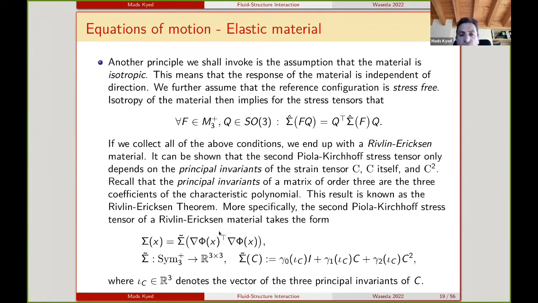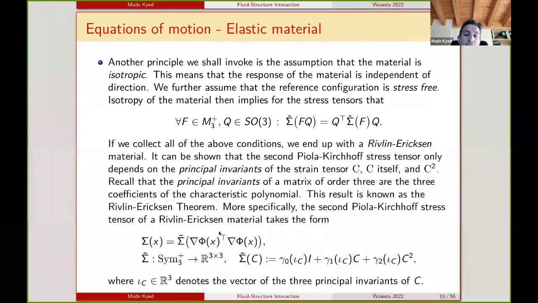Okay, another principle that we should invoke is the assumption that the material is isotropic. This means that the response of the material is independent of direction. We further assume, and this is important, that the reference configuration is stress-free.